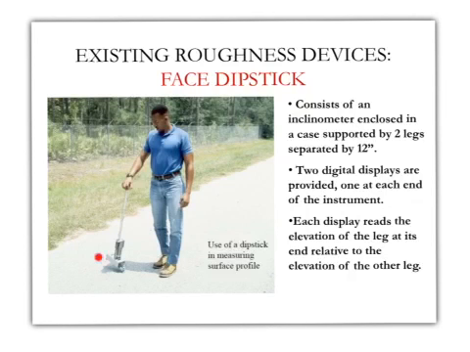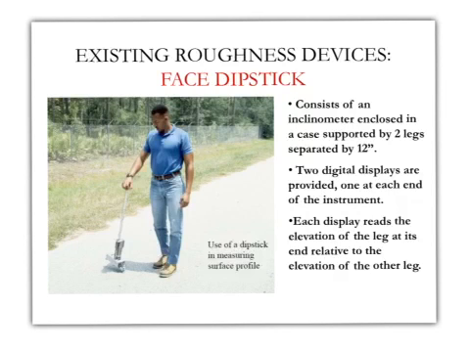I have 1 point here and 1 point here. I'm going to have more illustration in the next slide, but simply we have that inclinometer enclosed in a case supported by 2 legs, separated by 12 inches. Two digital displays are provided, one at each end of the instrument.